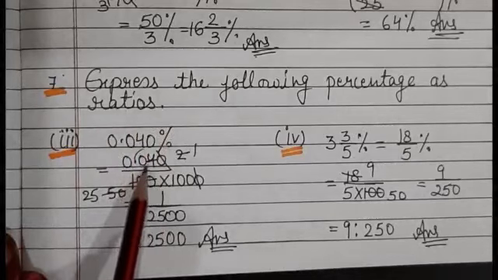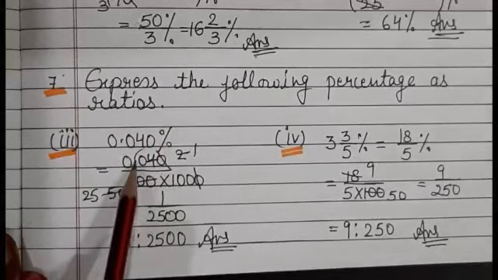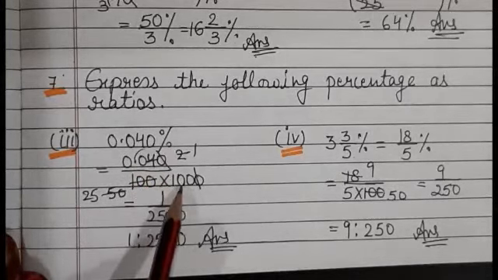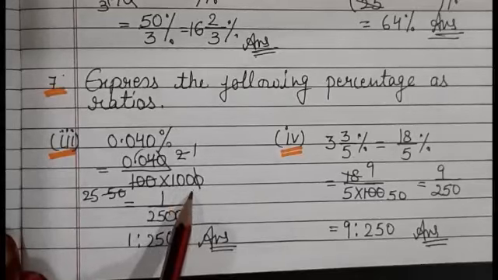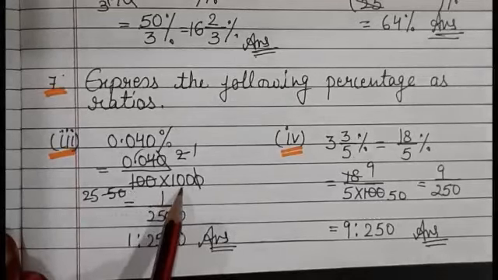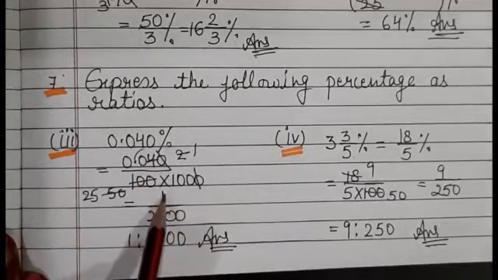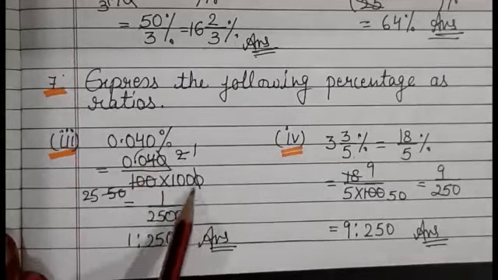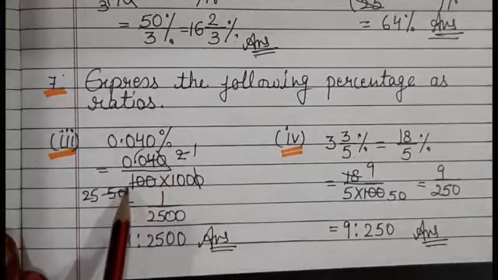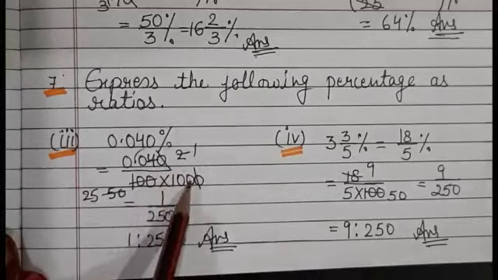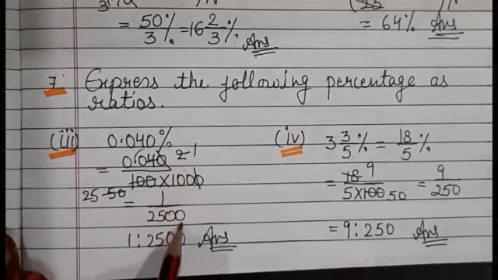So 0.040 by 100, then remove decimal, then after decimal 3 places are there, so we have to increase 3 zeros in denominator. So 100 into 1000 will come. 40 by 100 into 1000, when we solve, 0 to 0 cancel out, 4 ones are 4, 25 times 100 will cancel out, and 1 upon 2500 will come. So this is in fraction form.